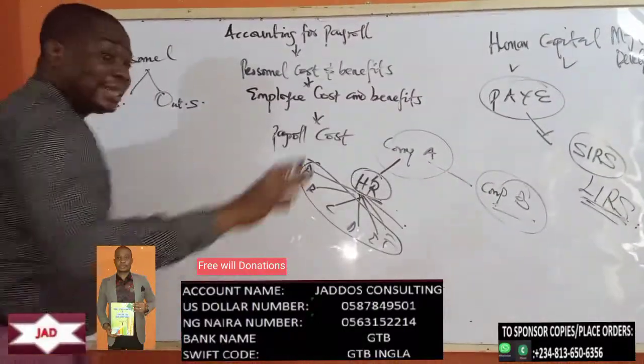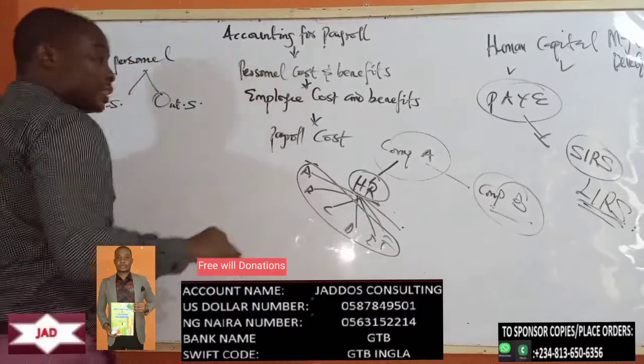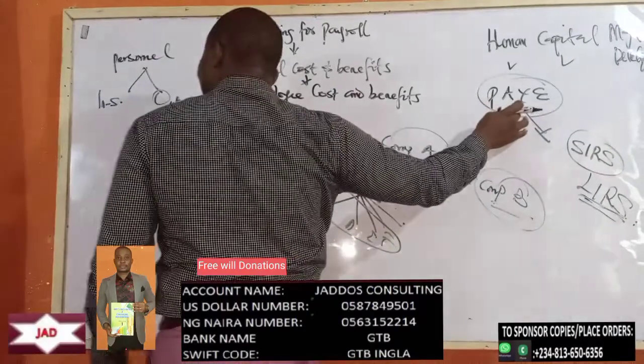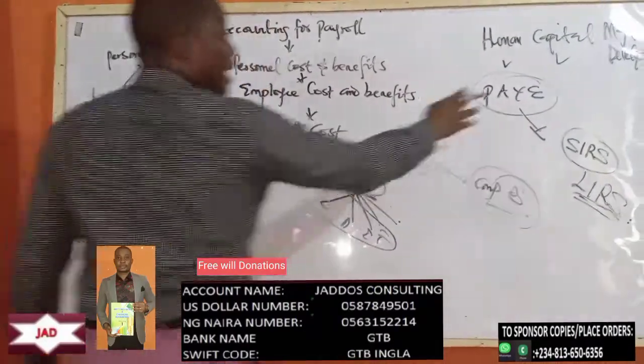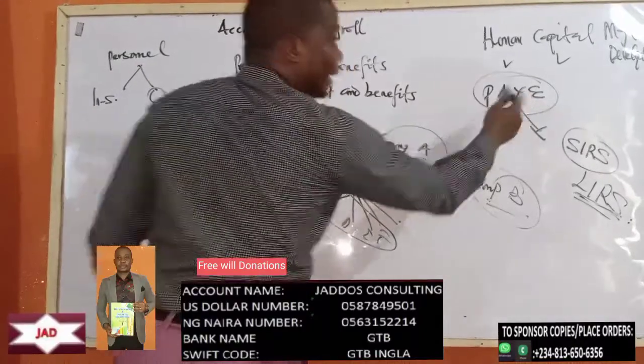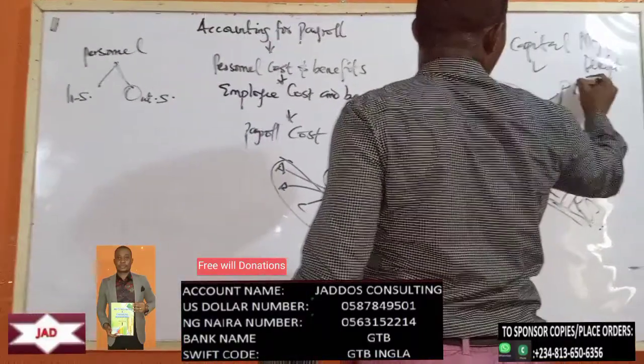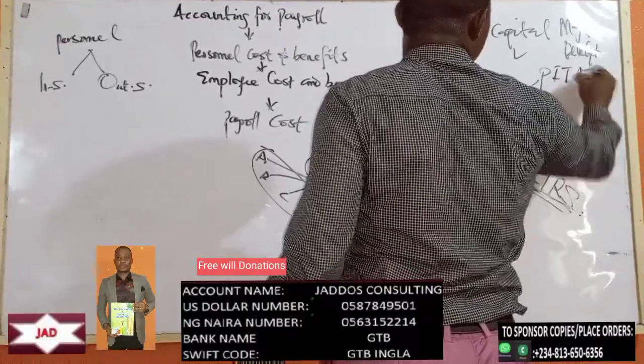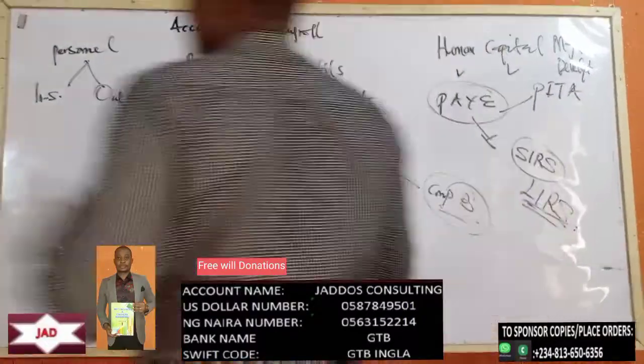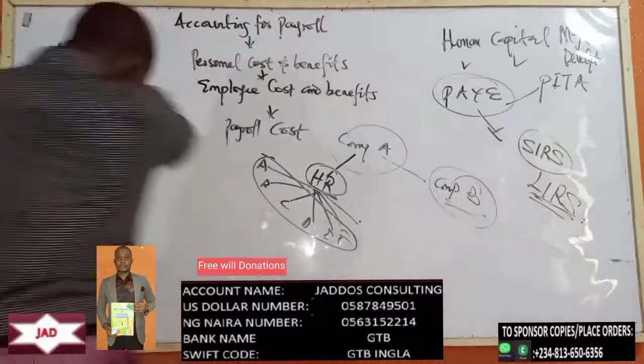So what I'm also saying here is that you must understand that the pay as you earn, okay, is linked to where? To the Personal Income Tax Act. Okay, that's amendment in 2011.